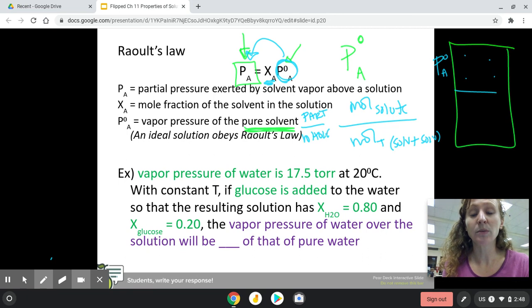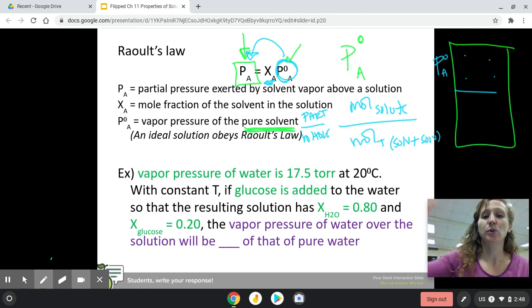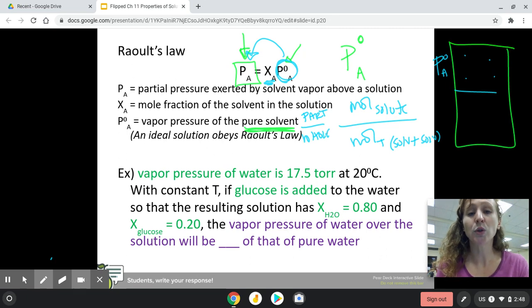So basically you're going to be multiplying that pressure of the pure solvent, that P naught vapor pressure, by a fraction always less than 1, right? If you're measuring a part out of the whole, you're going to have like 90%, 0.9, or 60%, 0.6, or 30%, 0.3. It's always going to be less than 1, which means you're always going to be lowering the original vapor pressure to get to that new vapor pressure that's exerted after you add that solute in.